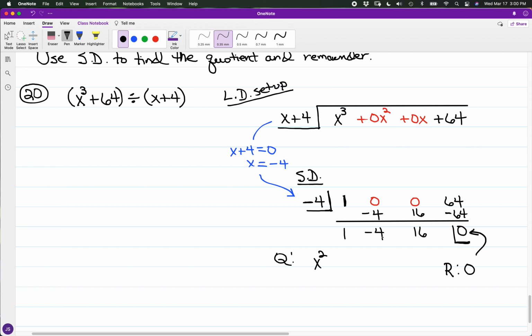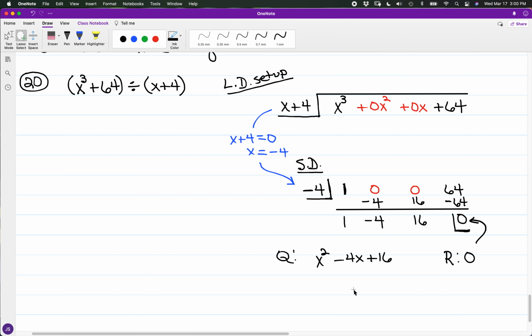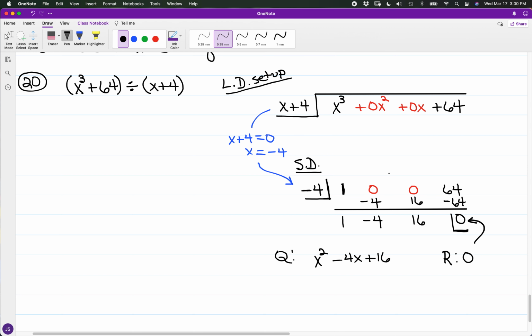Then we have minus 4 times x, then plus 16. So for the quotient, you have x squared minus 4x plus 16, and there is no remainder. This signifies that x plus 4 times x squared minus 4x plus 16 is equal to exactly x cubed plus 64.